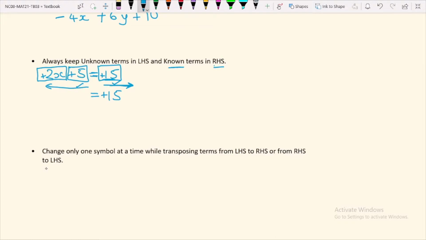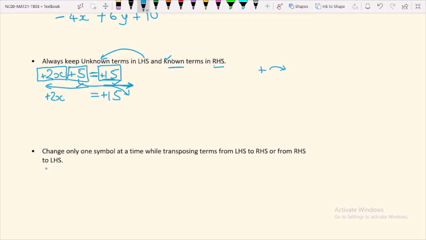Here in LHS we have to keep unknown terms. So plus 2x is an unknown term, so we will keep it as it is. Plus 5 is a known term, but this is in LHS. So we have to shift plus 5 to RHS. While shifting any term from LHS to RHS, we have to change the sign.